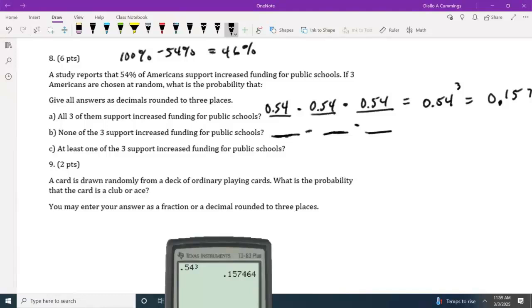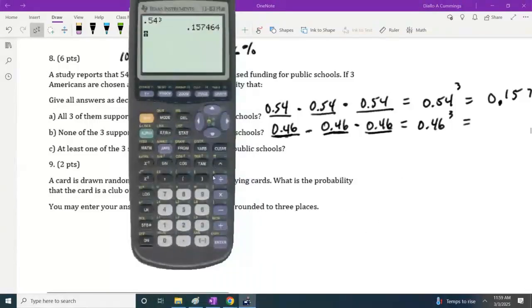So the probability that a person does not support increased funding is 0.46. So we simply subtract it from 100%. So 0.46 to the third power is 0.097, rounded to 3 decimal places.